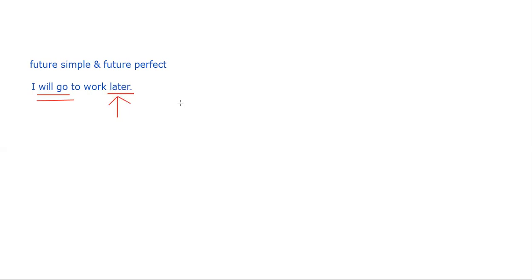So tomorrow you could say "I'll go to work," or you could say six days from now "I'll be elected president." The future simple is used for any event that will take place at some point in the future. It's pretty self-explanatory.